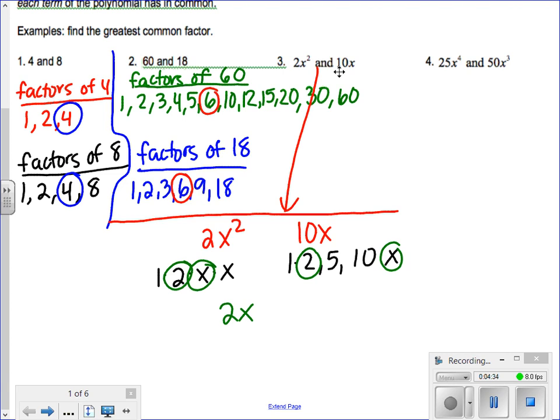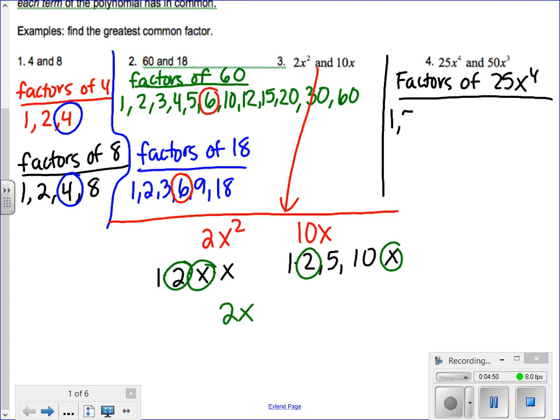All right, last problem way up at the top here, jumping around. 25x to the 4th and 50x cubed. So let's look at the factors of 25x to the 4th. Well, the factors of 25 are 1, 5, and 25. And x to the 4th is 4 x's: 1, 2, 3, 4 different x's.